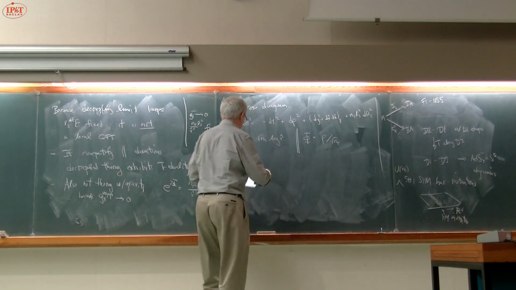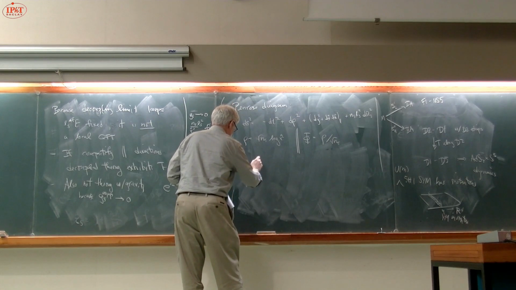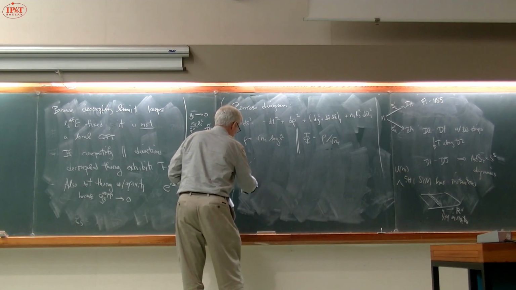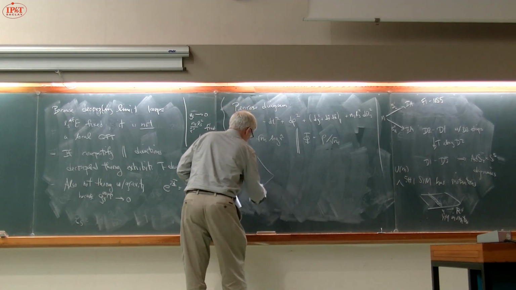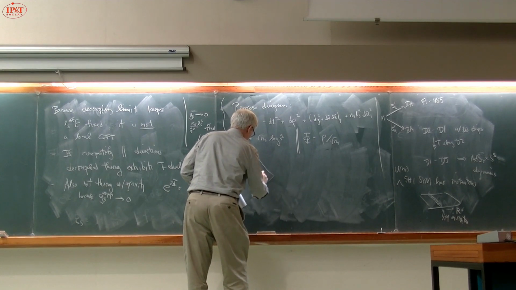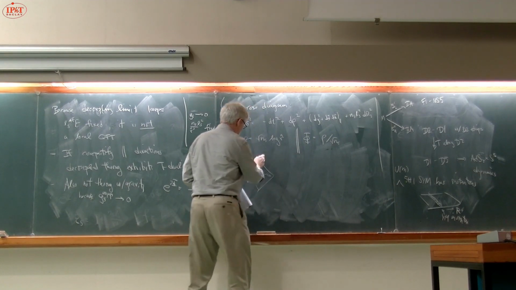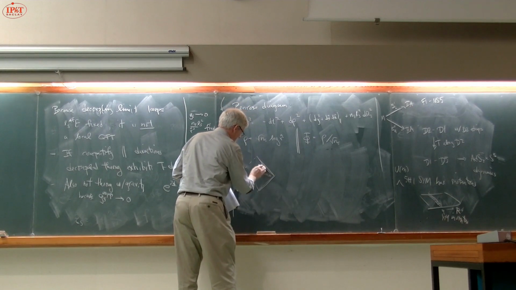Here it's different. It's basically two-dimensional Minkowski space, and as I take rho goes to infinity, I reach the boundary, and it has to look like this.